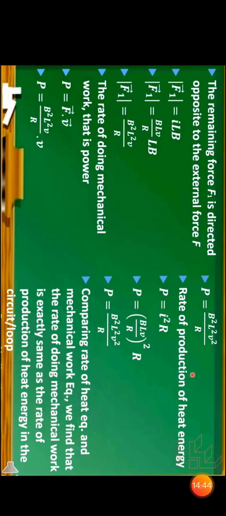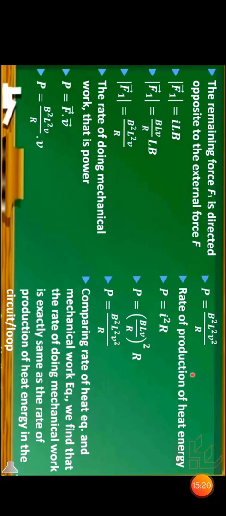The rate of production of heat energy is P is equal to I square R. Here we put the value of I, BLV upon R, in brackets squared, into R. Then P is equal to B square L square V square upon R, since in the denominator R square into R, it gets cancelled, so the remaining is R in the denominator.